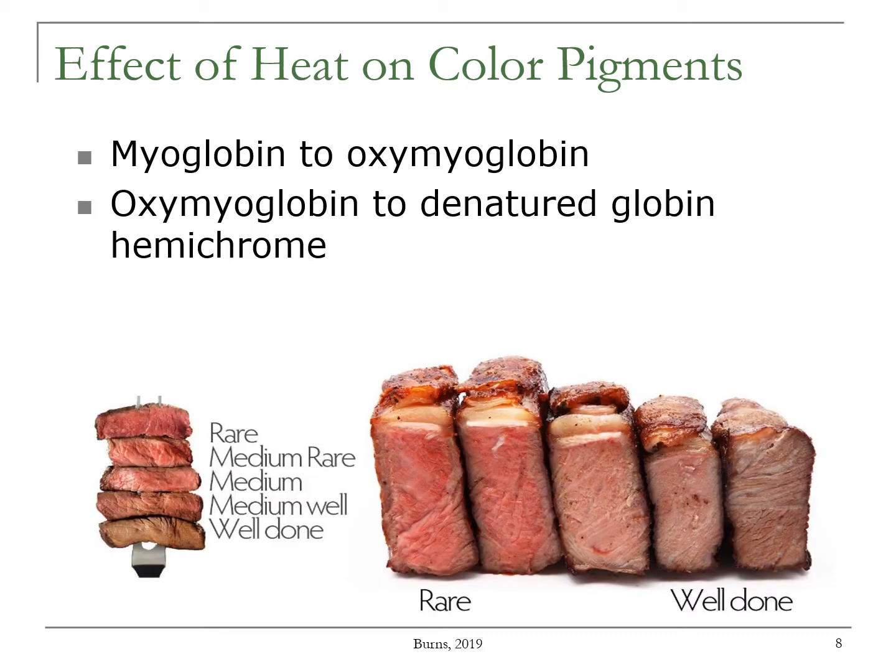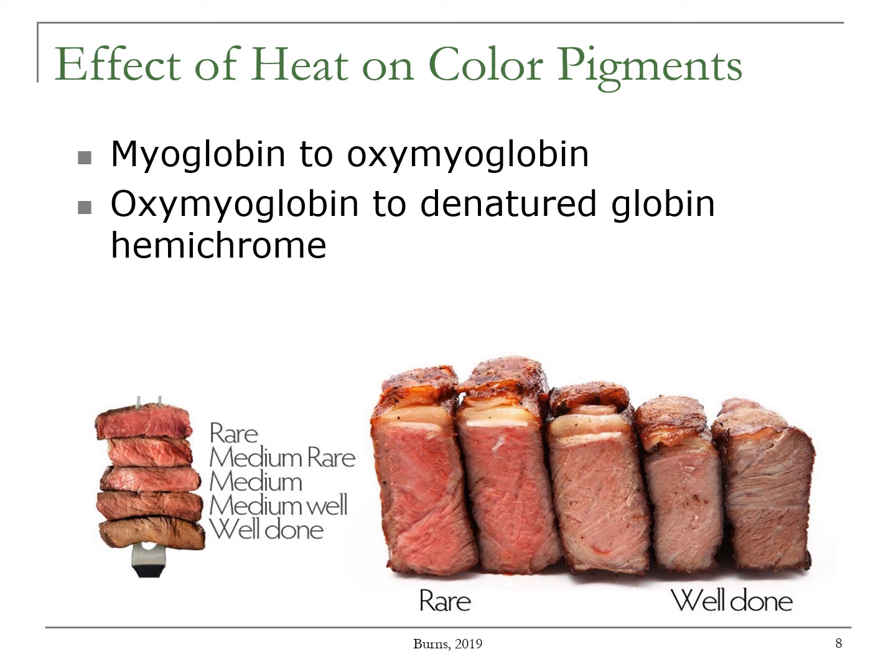The effect that heat has on color pigments, we will see the myoglobin being converted to the oxymyoglobin, and then the oxymyoglobin with more exposure to the heat will form that denatured globulin hemochrome.